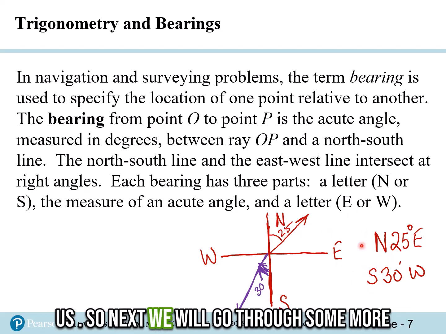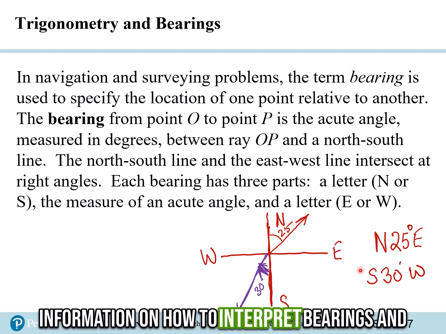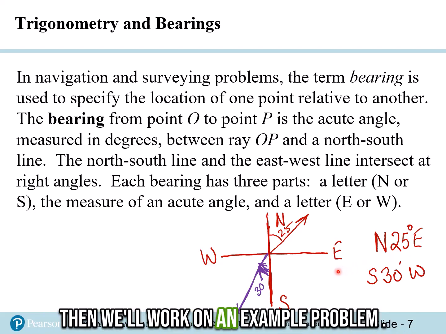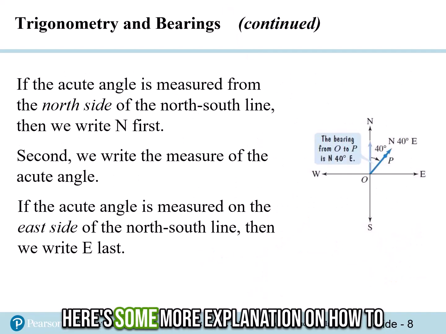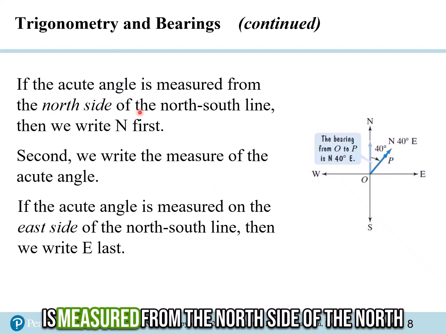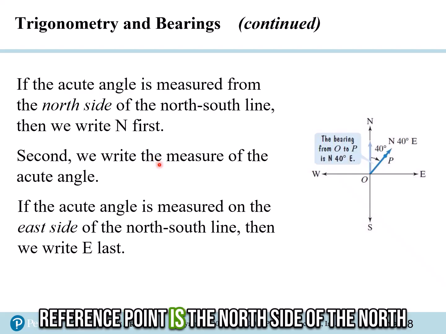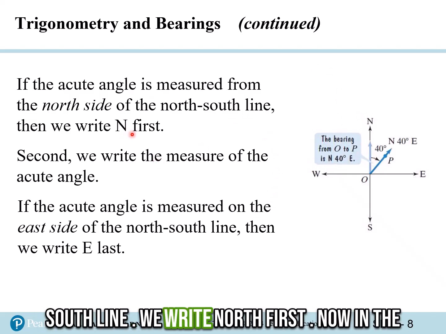So next, we will go through some more information on how to interpret bearings and then we'll work on an example problem. Here's some more explanation on how to interpret bearings. It says if the acute angle is measured from the north side of the north-south line, then we write north first. So the reference point is the north side of the north-south line. We write north first.